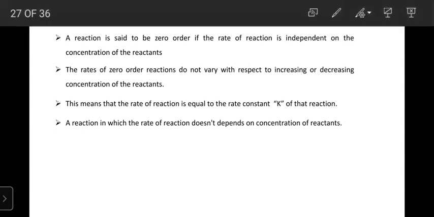Yes, sir. Tell me any example for that. Meenakshi, any example? Can you give? Sir, I'm thinking, sir. Anybody else?